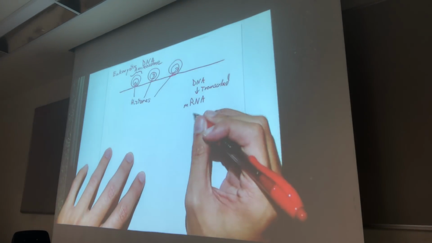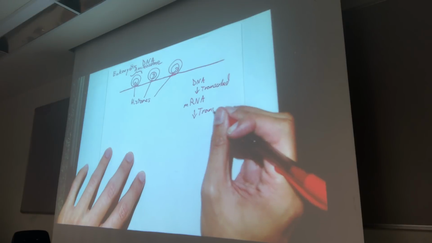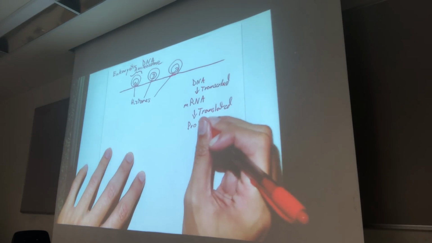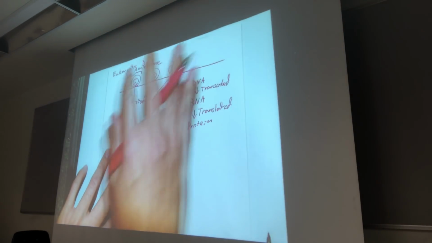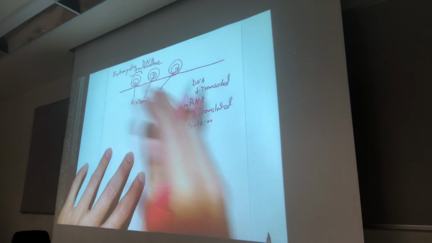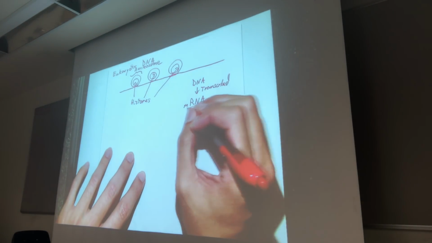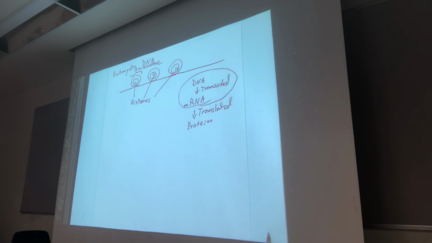And then eventually that mRNA will be translated into a protein. But regarding this component here with DNA wrapped around histones, this greatly affects the ability for DNA to be transcribed into mRNA. And here's why.